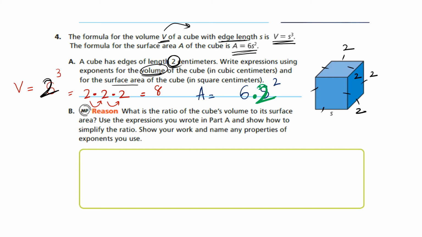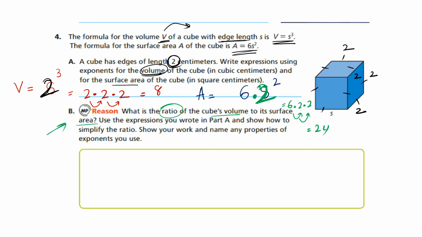Now solve it. So you write the 6 as it is, and 2 how many times you will write? 2 times. Okay, multiply 6 times 2 is 12 and 12 times 2 is 24. That is the answer.